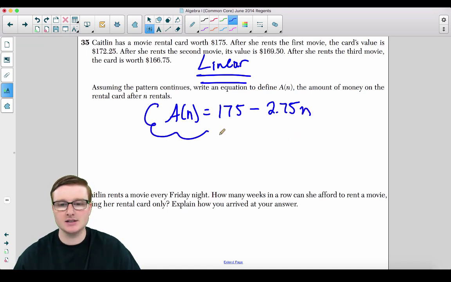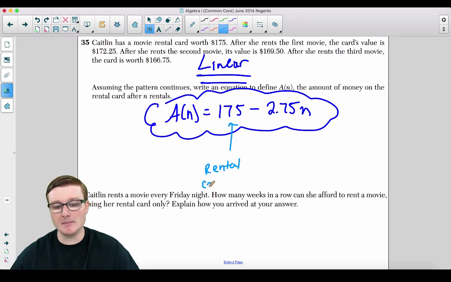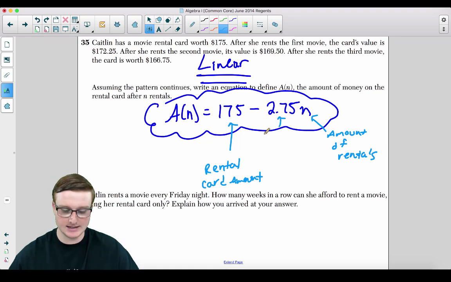So this is the equation. Each part of it: the 175 is the actual rental card amount, the n is the number of rentals, and the $2.75 is the price per movie rental.